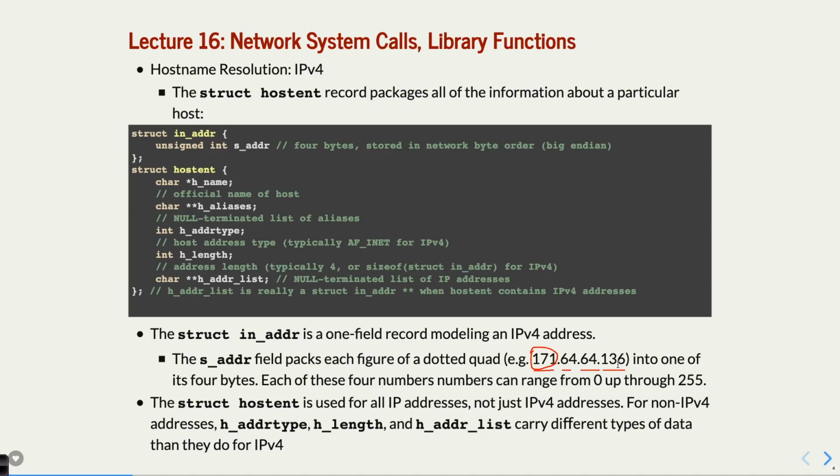Our machines are generally little endian, meaning the little end of the number comes first in memory. So 136 would be first in memory, then 64, then another 64, and 171 would be last in memory. We could have done it in exactly the opposite order, in big endian. For those of you who took CS 107E, I believe the Raspberry Pis are in general big endian, although I think you can switch it back and forth. But the point is that in that case it would be in a different order.